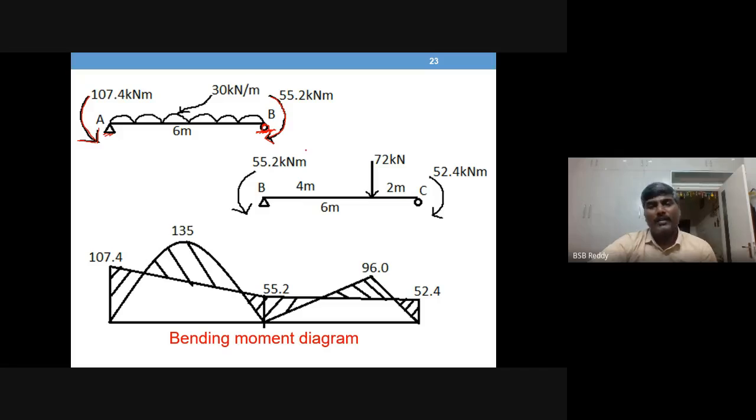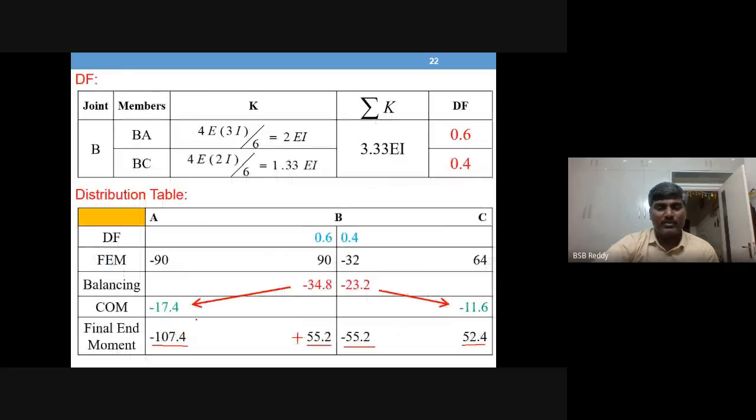Now the left support A has got 107.4 anti-clockwise, and the right support has got 55.2 kilonewton meter. These are the end moments, called end A and end B moments. These moments are calculated from the moment distribution method.